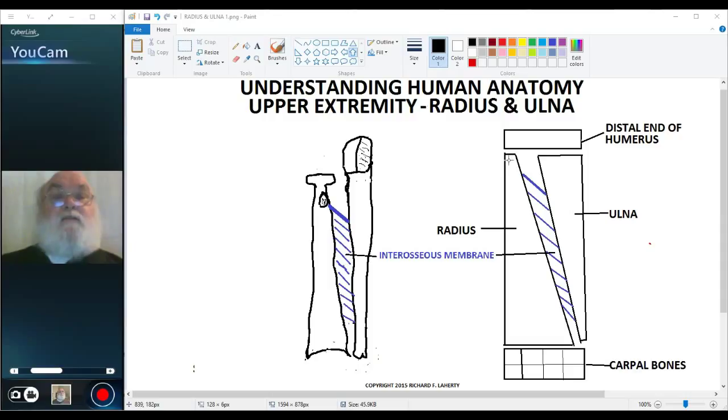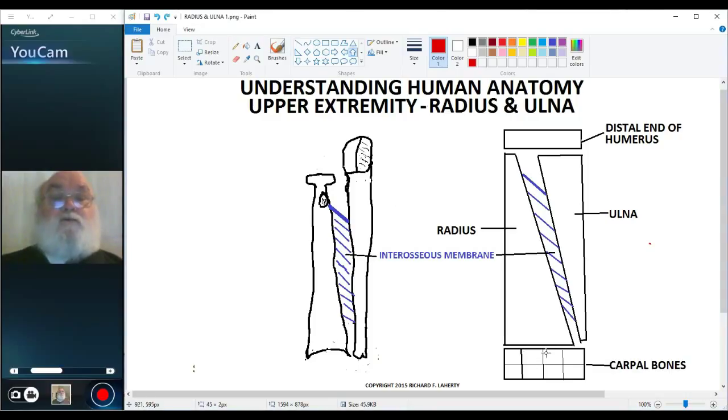The narrow end of the radius is at the proximal end, the narrow end of the ulna is at the distal end, and then we have 8 boxes down here to represent the carpal bones, the bones of the wrist. The interosseous membrane is vital for transmitting force from the radius to the ulna.